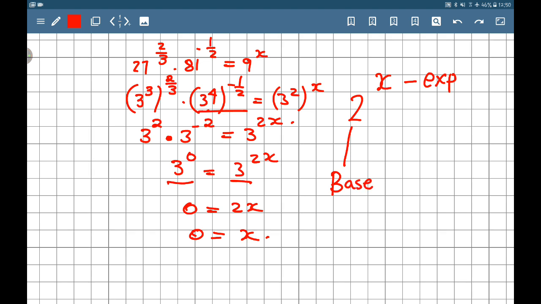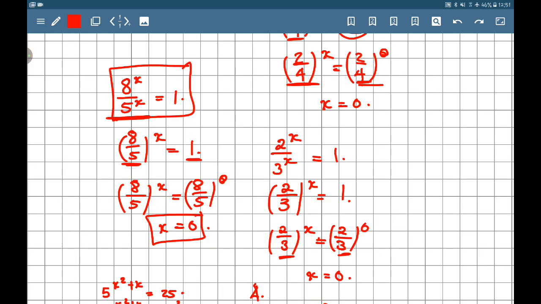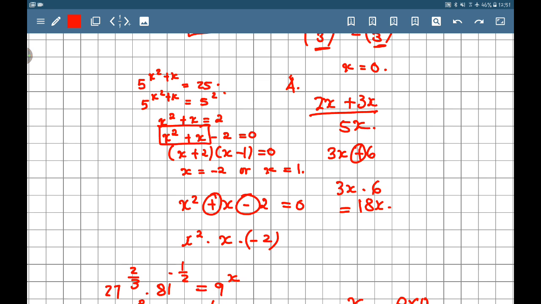To multiply or to add or to divide, you need to make sure that either the exponents are the same or the bases are the same. The only way you can get quickly to the same base or the same exponent is to make sure that the composite bases are changed to prime bases every time. If you notice, even here you got quickly to the answer because you changed the composite base to the prime base.